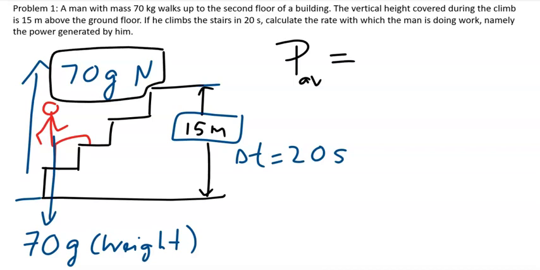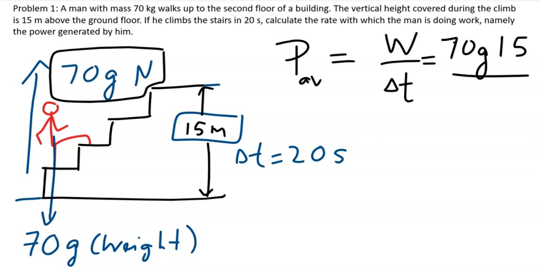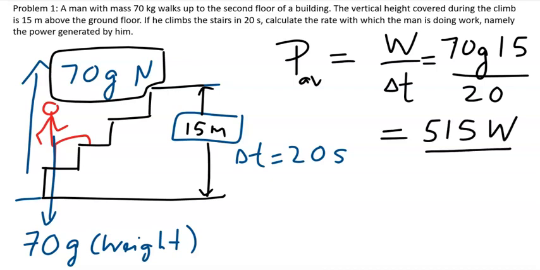It is given by the work done by him over the time interval. Now the work is given by the force that he exerts, 70 times gravity, times the vertical height, which is 15 meters, over the time interval of 20 seconds. And that will give you, remember, g is 9.81, a value of 515 watts for the power generated by him.